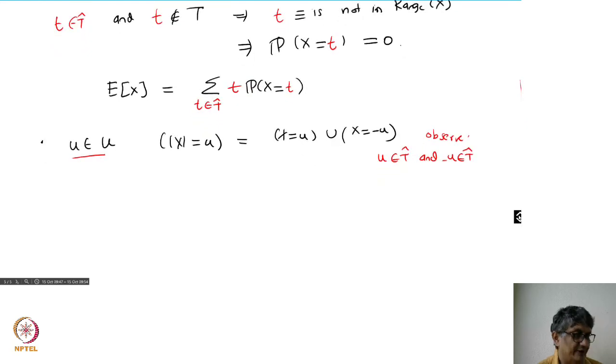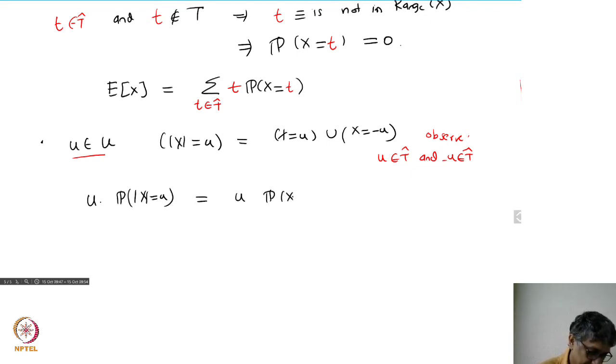We have this. Therefore, u times probability mod x equal to u, that's just the above event. That's the same as u times probability x equal to u plus u times probability x equal to minus u.